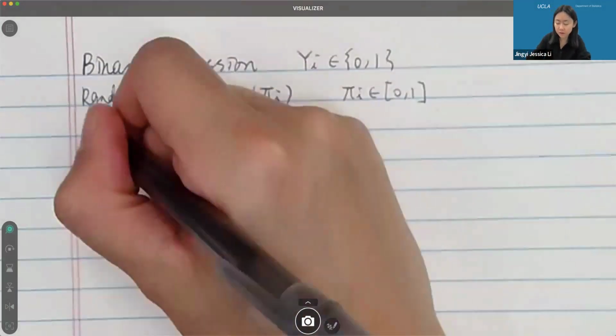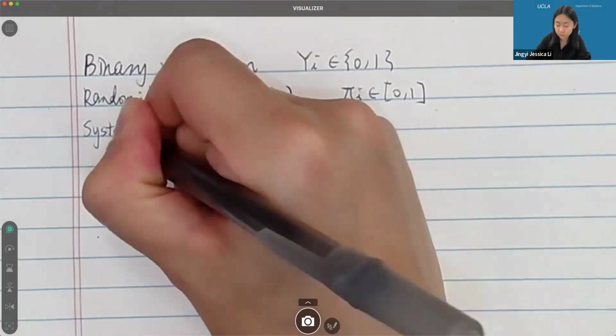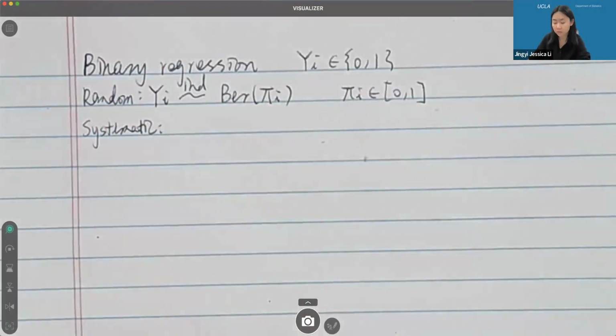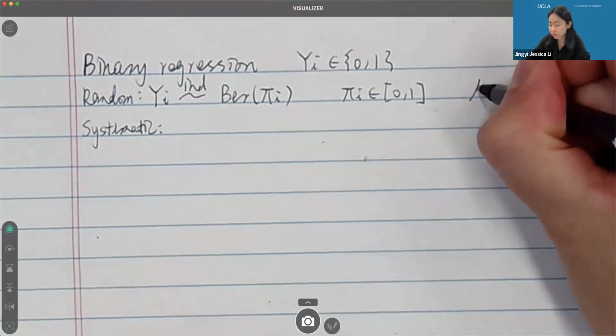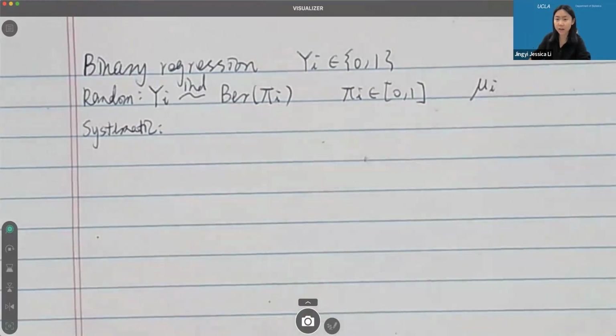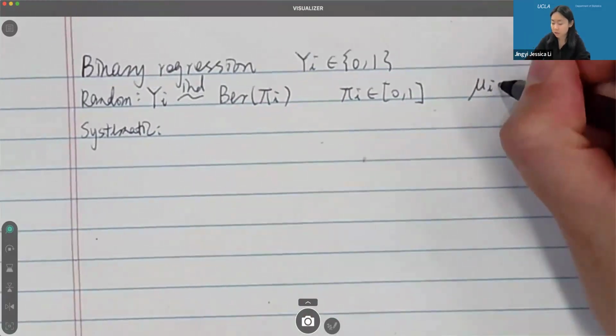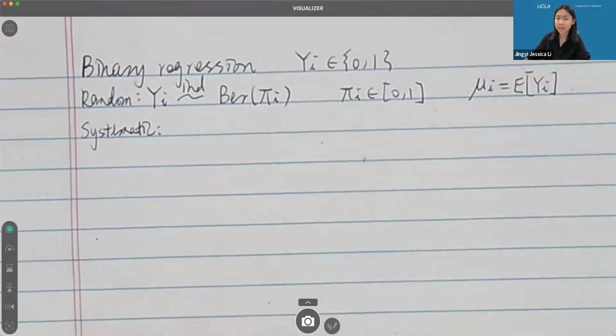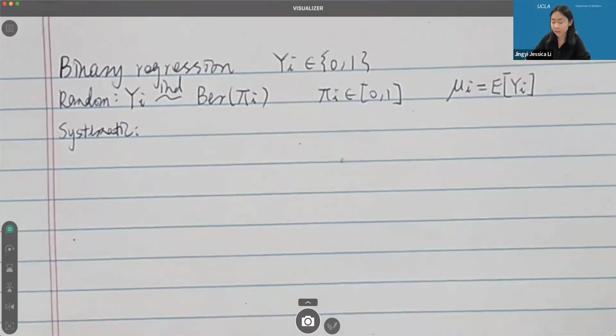And for the systematic structure, just as in the generalized linear model, we want to assume the mean of yi, which is generally denoted as mu i, defined as the expectation of yi. In this special case, it's actually pi i.